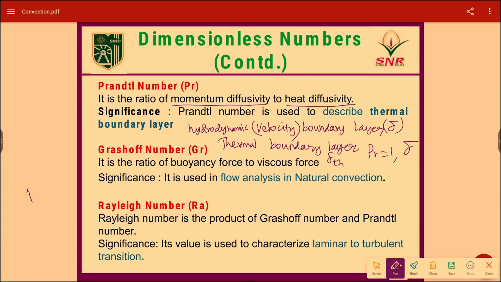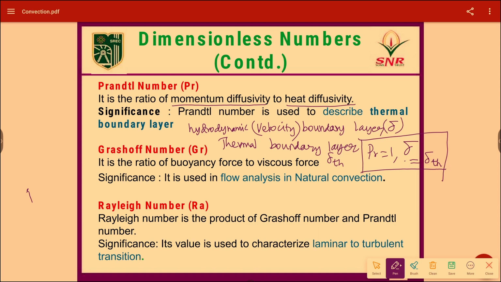Now you have to understand, when Pr is equal to 1, then del is equal to del TH, that is, the hydrodynamic boundary layer will be equal to the thermal boundary layer thickness. So the significance of the Prandtl number is to understand the relationship between the hydrodynamic and thermal boundary layers.